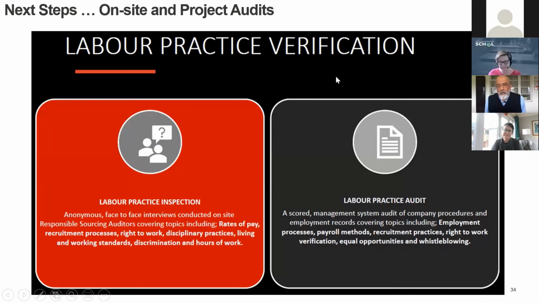Finally, from the colors, you might guess that this is very much Achilles. So as next steps, on the one hand, we would like to look at any on-site labor practice audits or inspections.